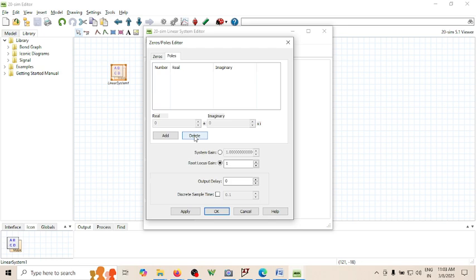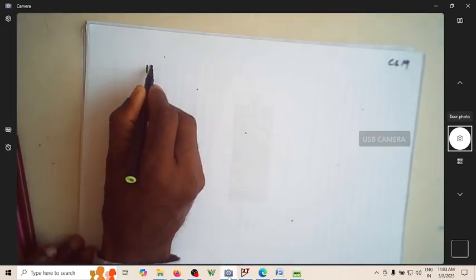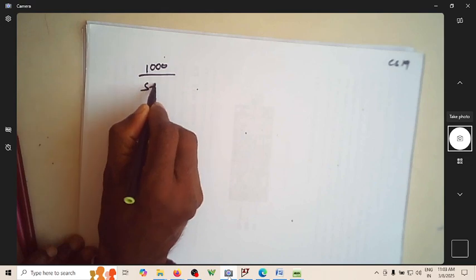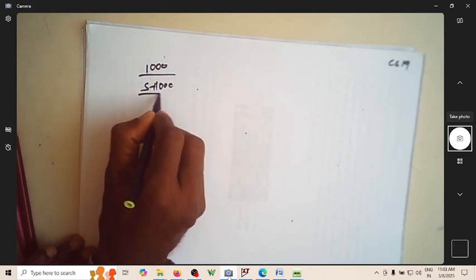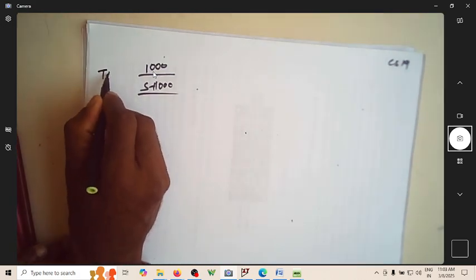I want to show you 1000 by s plus 1000. How do I do this? Because it is s plus 1000, this is in pole-zero form, and that gain is the root locus gain. If you remember the earlier class, this is my transfer function.